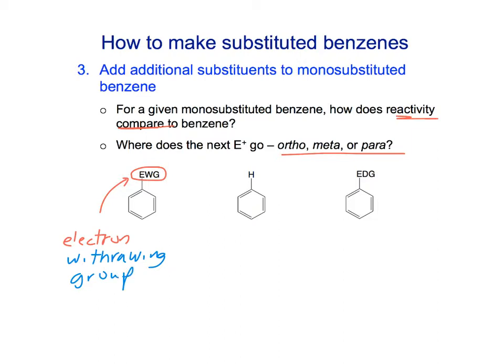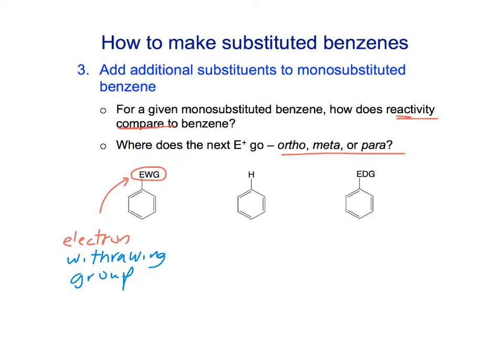Okay? So what role does the benzene play in this electrophilic substitution reaction? Is it the electrophile? No. It's the nucleophile, right? So a nucleophile is going to be increased in its reactivity if it has more electron density. Right? The more electron density in the ring, the more nucleophilic it will become. All right?